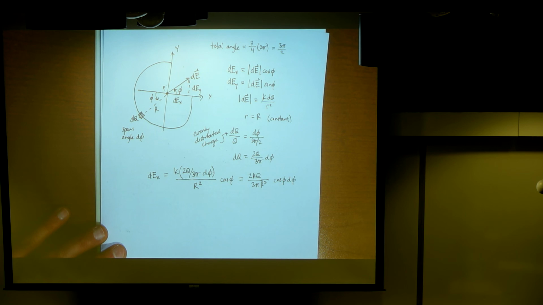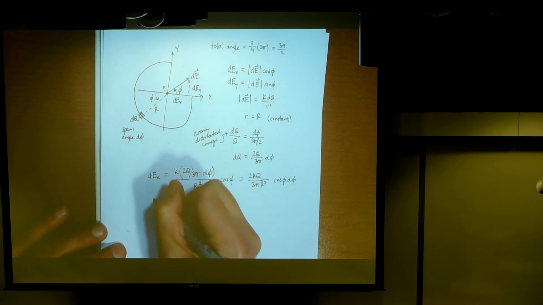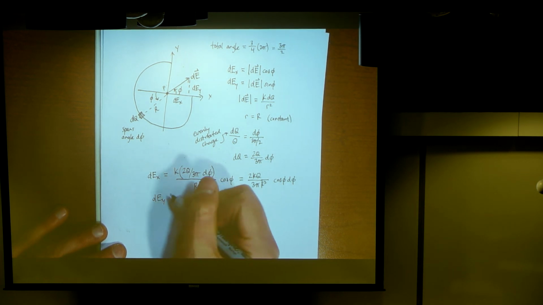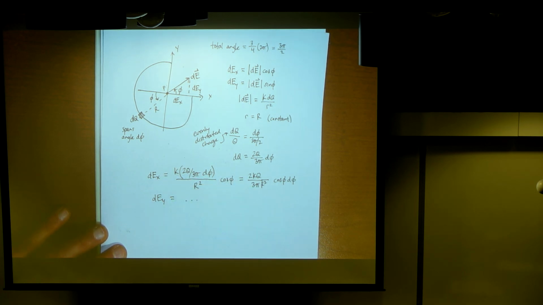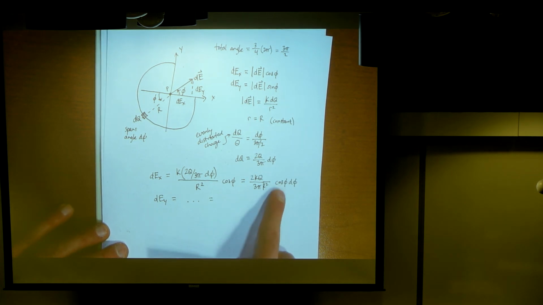Do you agree? Okay. For dEy, I'm going to say dot, dot, dot, because it's the same exact thing, except what's the one difference? Except this cosine is a sine, okay?